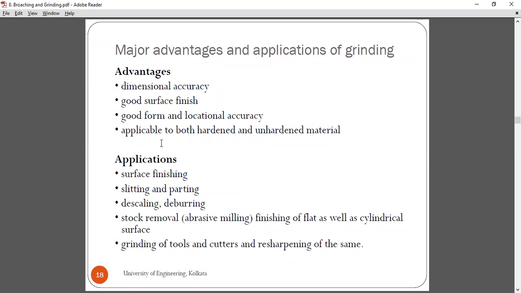That means you get the shank, you grind it properly according to the given nomenclature or given tool angles. And in case during its run the tool loses its geometry, then what happens? We need to regrind it again. So resharpening and regrinding of tools are very important applications of the grinding process.